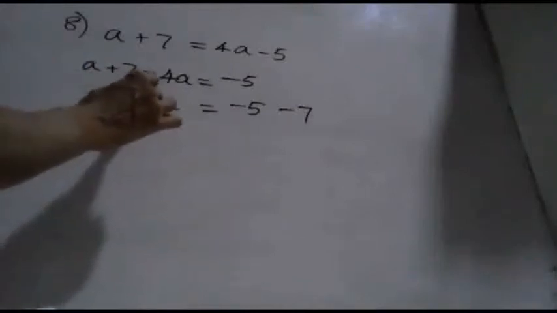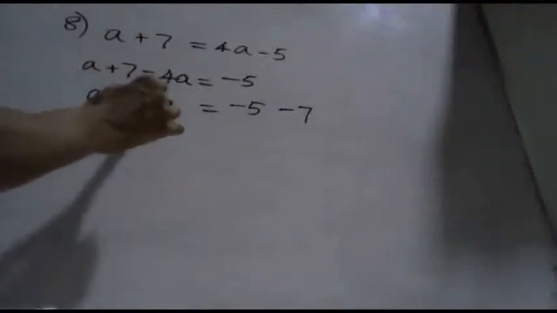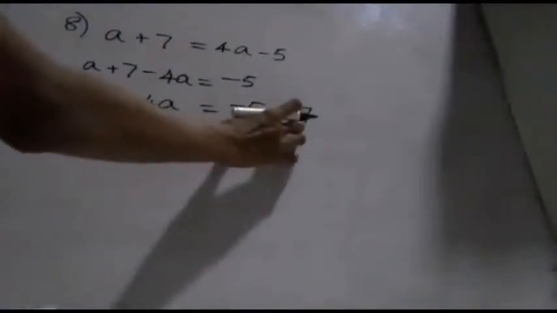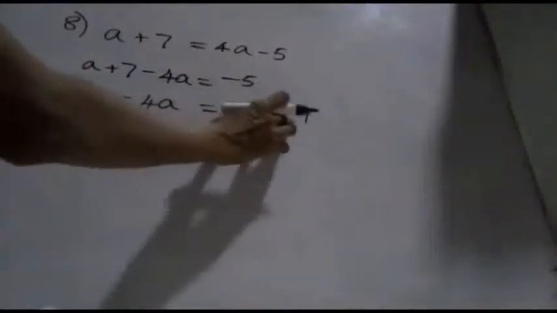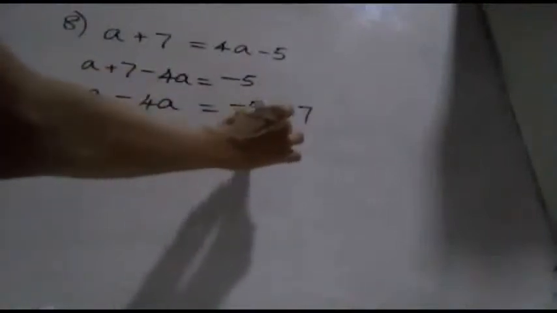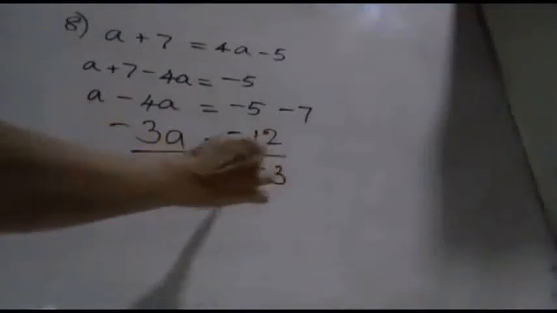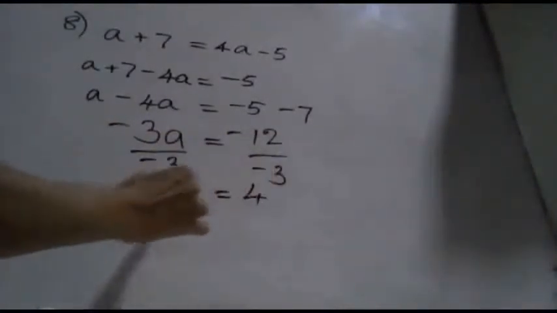We take this positive 7 to right hand side, negative 7. A subtract 4a. A is subtract from 4a is equal 3a. Negative 3a is equal. We add these two numbers. Same signs. 5 plus 7 is equal to 12. Negative 12. Both sides divide by negative 3. A is equal positive 4.